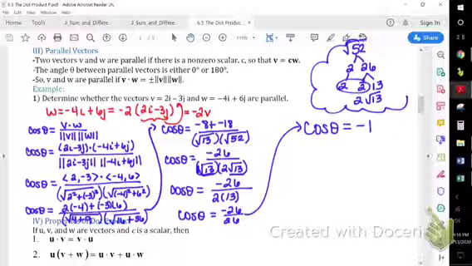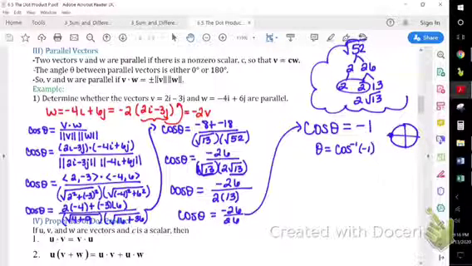Now we could use our calculators, or think about this. You know about it if it's a whole number on your unit circle. Either way, when you're looking for the angle, you use the inverse cosine. But before you throw this in your calculator, just think. You're looking for the angle whose cosine is negative 1. If you're thinking about your ordered pairs on the unit circle, cosine is the x value.